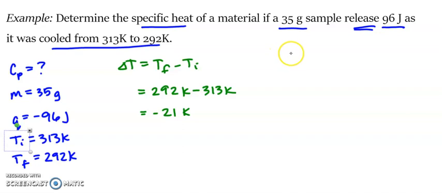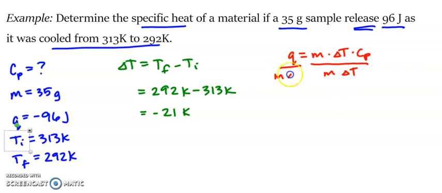So now we can go to our equation. And solving for CP, I'm going to divide both sides by mass and delta T. So they divide out here. And I always do this with my variables, so I only have to write my numbers in units once. So CP equals Q over M times delta T. So I'm going to plug everything in.